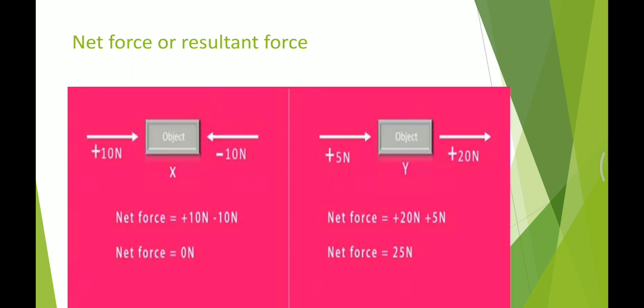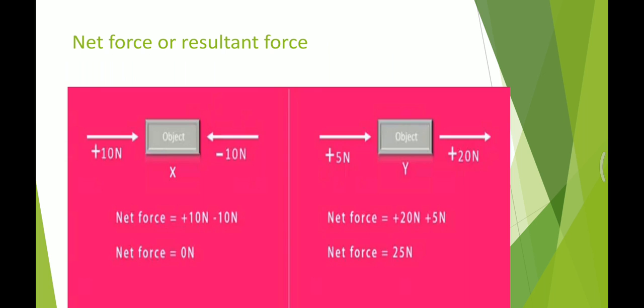In the first situation, the object X is at rest and the two forces having equal magnitude, that is 10 Newton, are acting in opposite directions. Whenever two forces are acting in opposite directions, the two forces subtract from each other. Here, the net force is equal to 10 Newton minus 10 Newton, which is equal to 0 Newton.